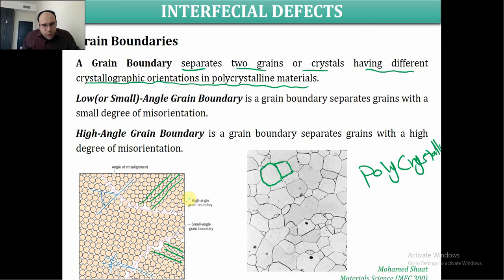The same thing, if we observe this group of atoms located inside here, in between, they have a different crystallographic orientation, right? All the atoms are arranged in a different way, in this way. Someone could say, okay, why did you choose this vertical plane? Can we choose this horizontal plane? Yes, you can.